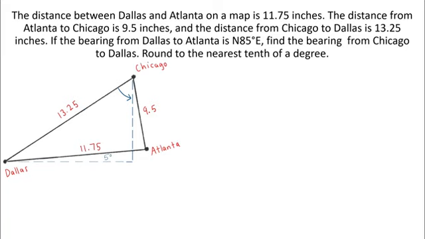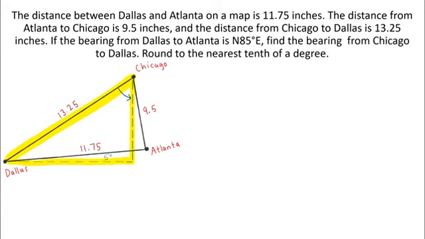And what I notice is that by drawing an east-west line here and intersecting that with a north-south line here, I've now formed another triangle. And that triangle contains the angle that I'm trying to find the measurement for.